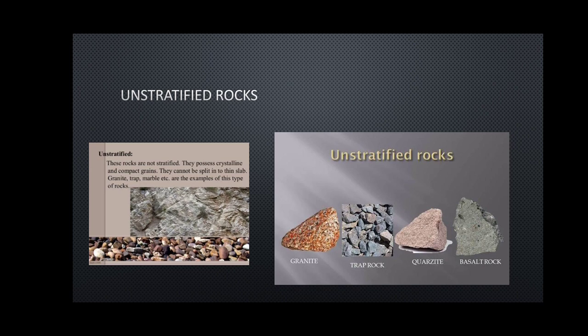If sedimentary rocks undergo transformation, the metamorphic rocks formed from them will be stratified. And if igneous rocks undergo transformation and become metamorphic rocks, then those metamorphic rocks are unstratified. That's very clear from this.